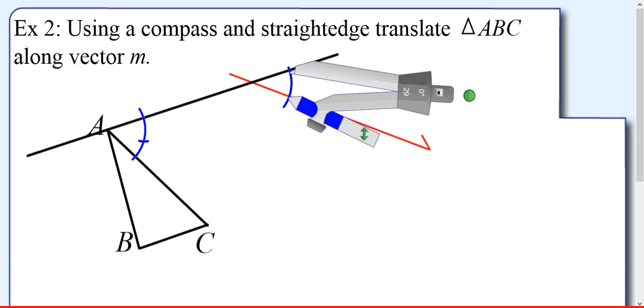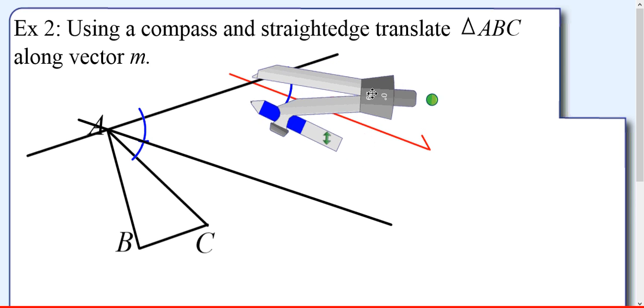So that's our parallel line. It goes through A and through that little intersection. Now we've got the parallel line.